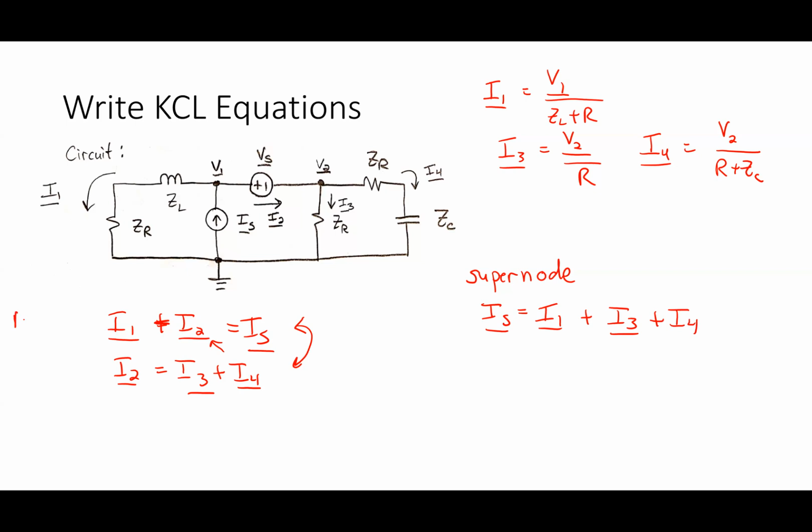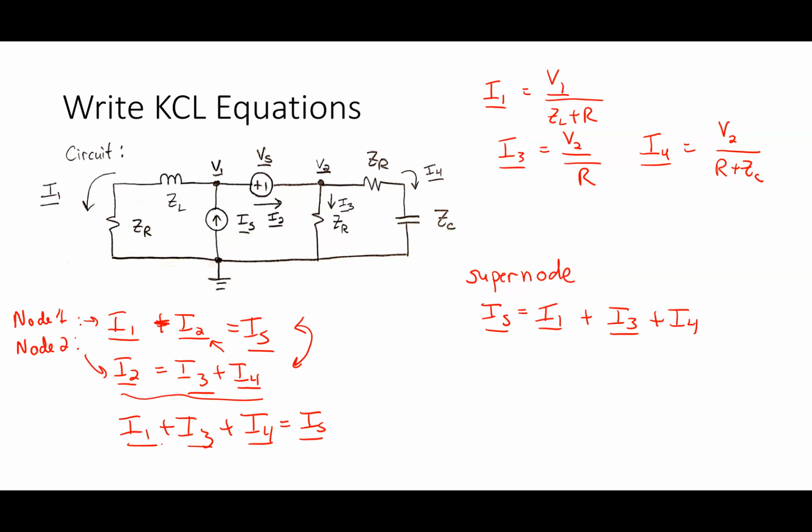So if I took these two, here's my node 1, here's my node 2, and I combine those two relationships, I would plug in I2 equals I3 plus I4 there, and I get the same thing: I1 plus I3 plus I4 equals IS.